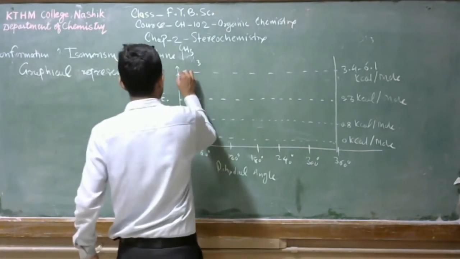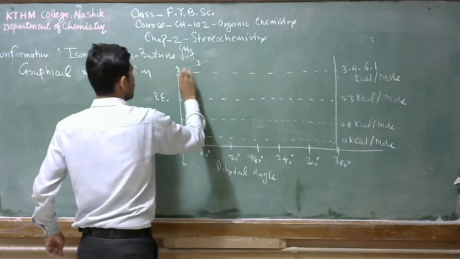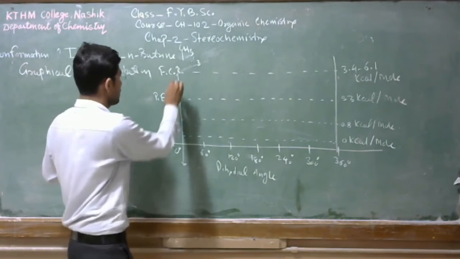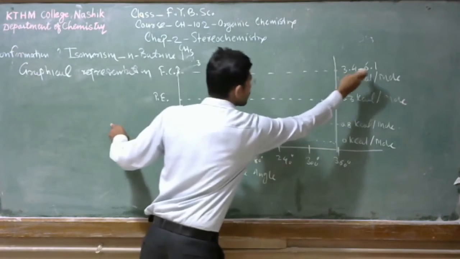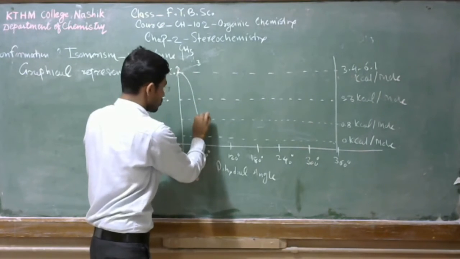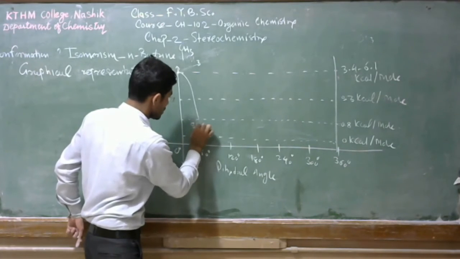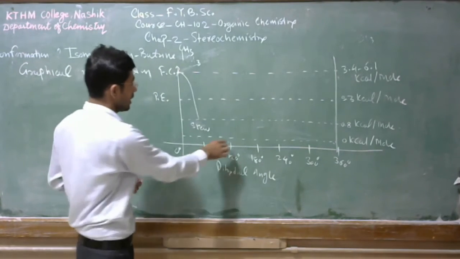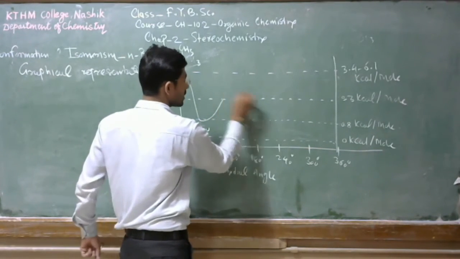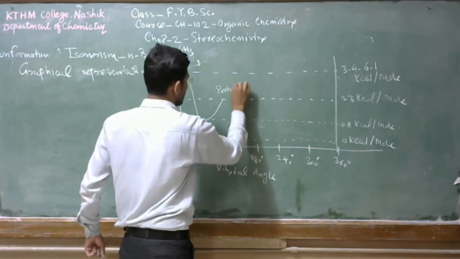What we call fully eclipse conformation, that is F.C. For angle 60, gauche conformation, the skew or gauche conformation. Then angle 120 is the partial eclipse, which has the energy near about 3.3.